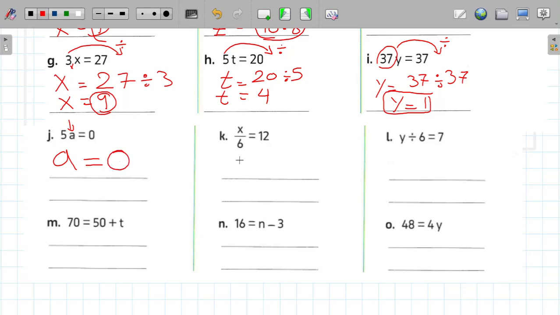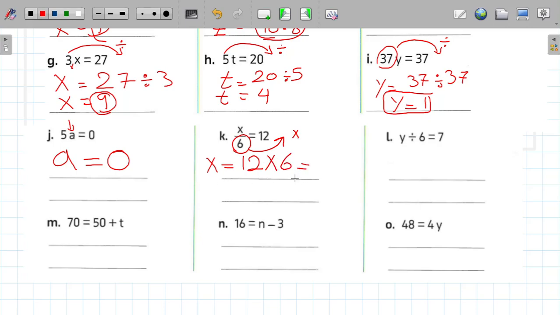Okay, next, x over 6 equals 12. So I wanted to find the value of x. So I will send 6 to the other side with the inverse operation. And the inverse operation here will be multiplication, because I divided x by 6. Okay, so I will say x equals 12 times 6.